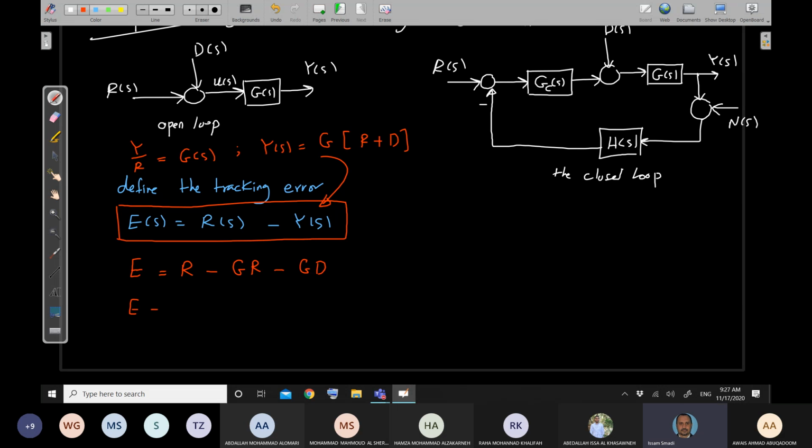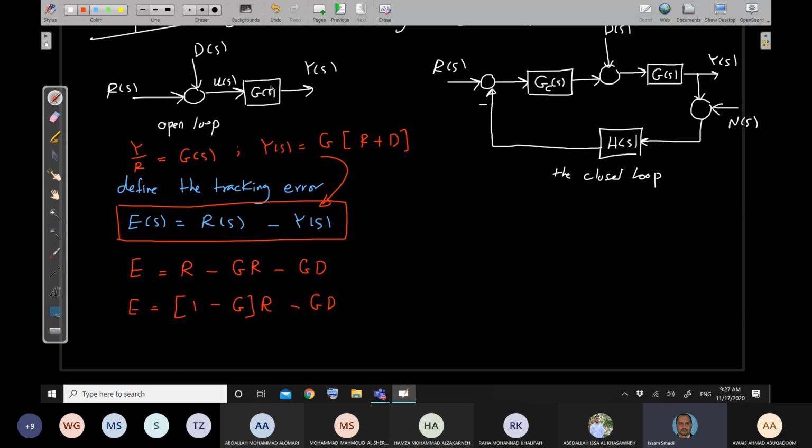And E will equal 1 minus G multiplied by R, minus G multiplied by D. Okay.